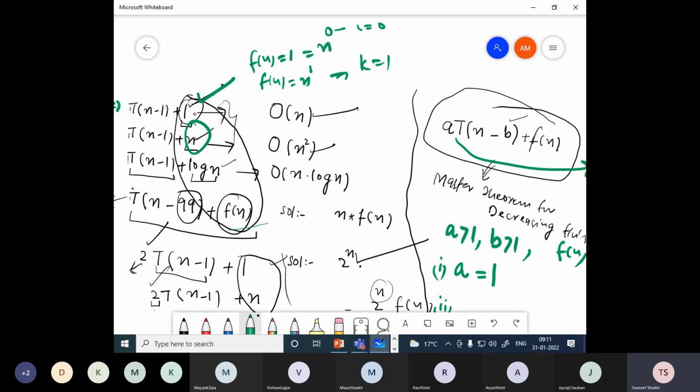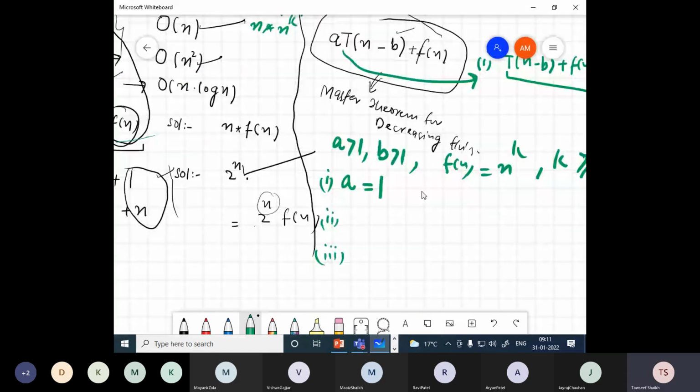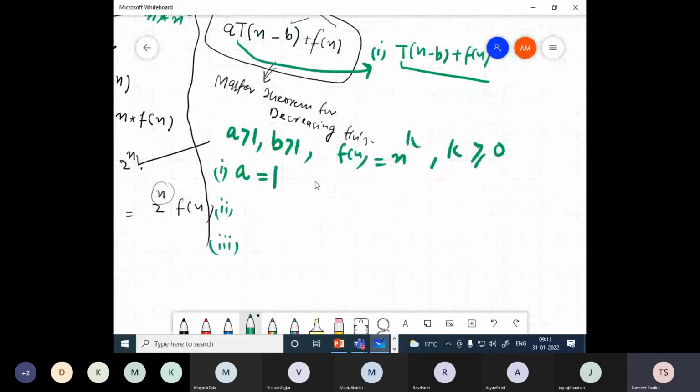And what we saw in such situations, when our recurrence is of this form, its solution is equal to n into f of n, which could also be written as n into n to the power k. Now if you substitute any of the values in this general form for case 1, you will get all those recurrences which we solved.